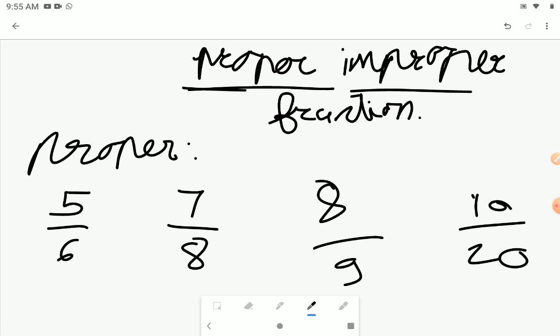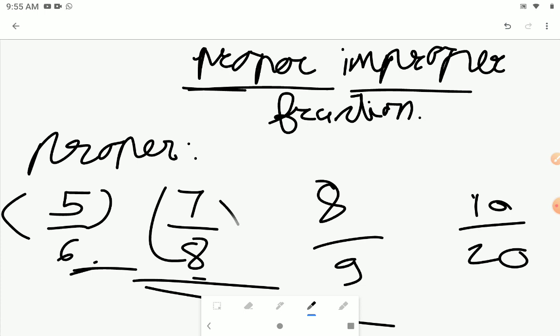You might say, it's not a like fraction, it's an unlike fraction, since the denominators are 6, 8, 9, 20. But here unlike does not matter, it means proper and improper. In a proper fraction, one rule is that the denominator must be bigger than the numerator.